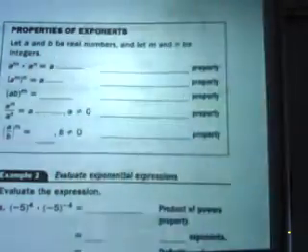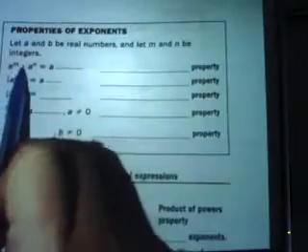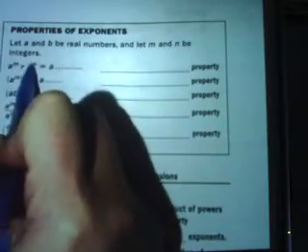Alright, let's review our different properties from the last 2 lessons. First property that we were introduced to. I can see I have multiplication, and I can see I have like bases. When you multiply like bases, remember we're going to add the exponents. So that's going to become a to the m plus n.